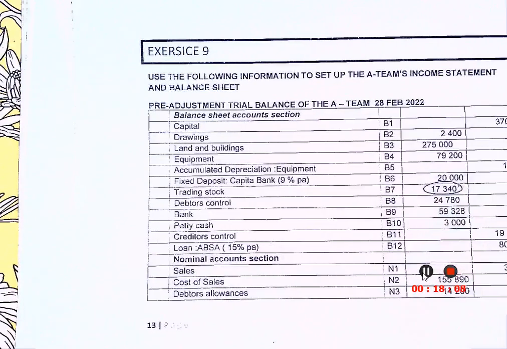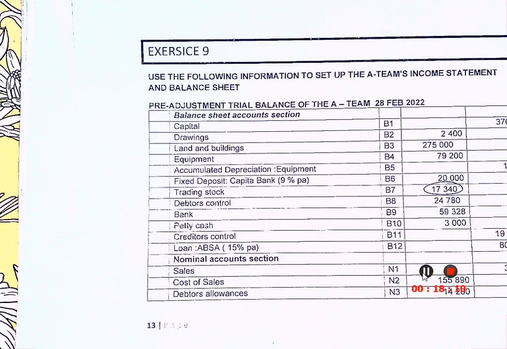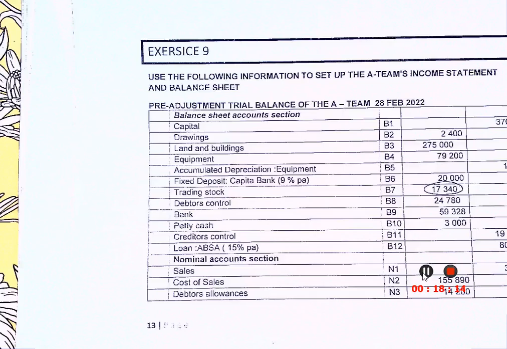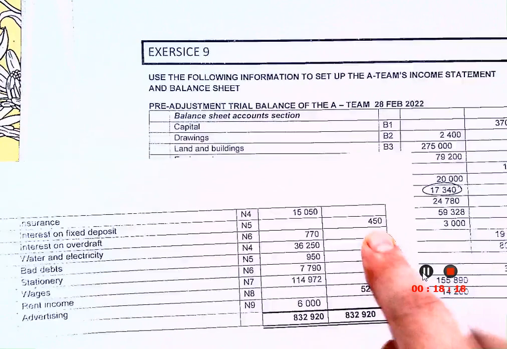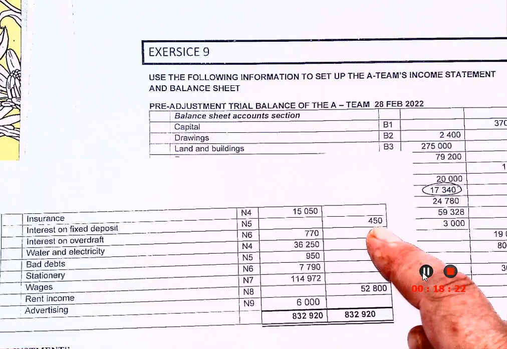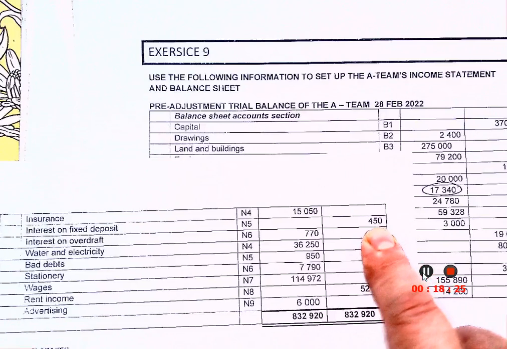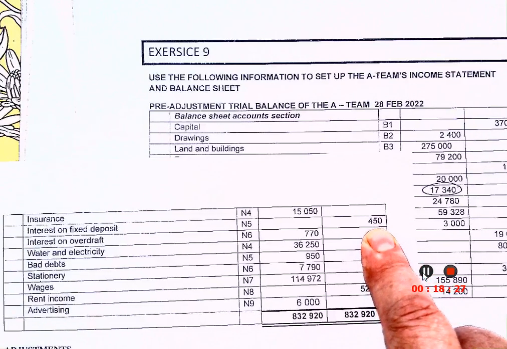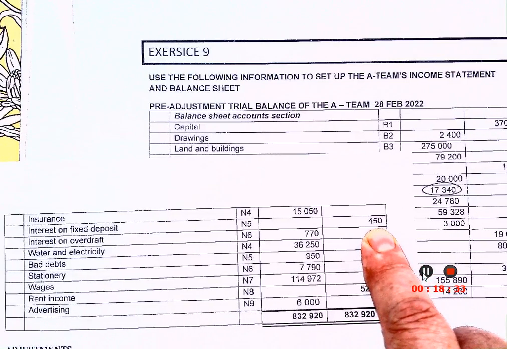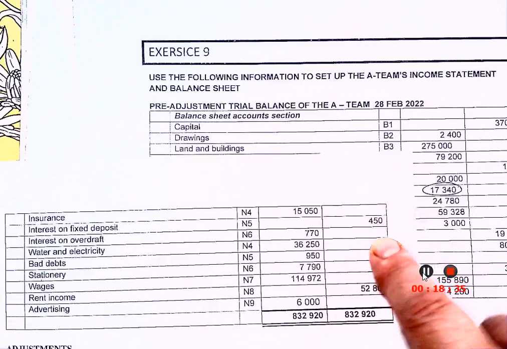If they say to you it is not capitalized, meaning I get it, then I will add it to the 450 because now it's an accrued income. If they say there's 100 rand interest outstanding, then I still need to get the 100 rand. So it's accrued income, and I'm going to add it to the interest on fixed deposit.